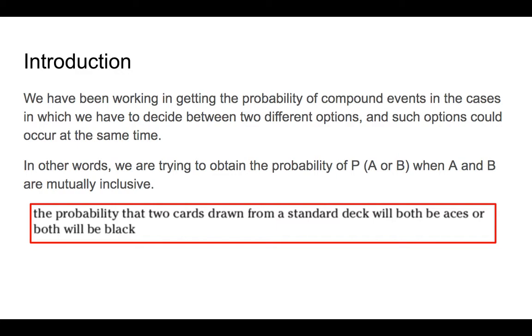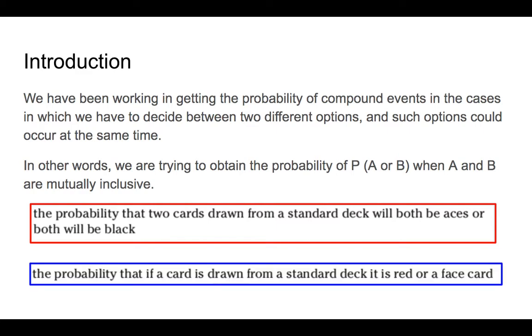That's an event B. So we're trying to get P of A or B, probability of A or B. But in this case, the events are mutually inclusive because there are two instances in which you can have a black ace, a card with the two characteristics at the same time. And the same happens, for instance, in this problem.